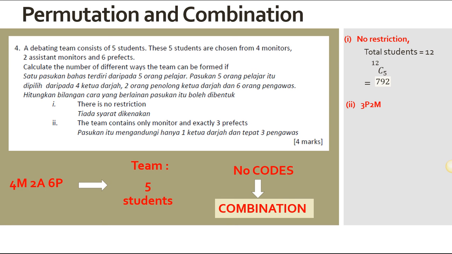So the team consists of 3 prefects and 2 monitors. How do we calculate that? That will be 6C3, meaning 3 prefects are chosen out of 6 prefects, times 4C2, meaning 2 monitors are chosen out of 4 monitors. You multiply that together and you'll get 120.